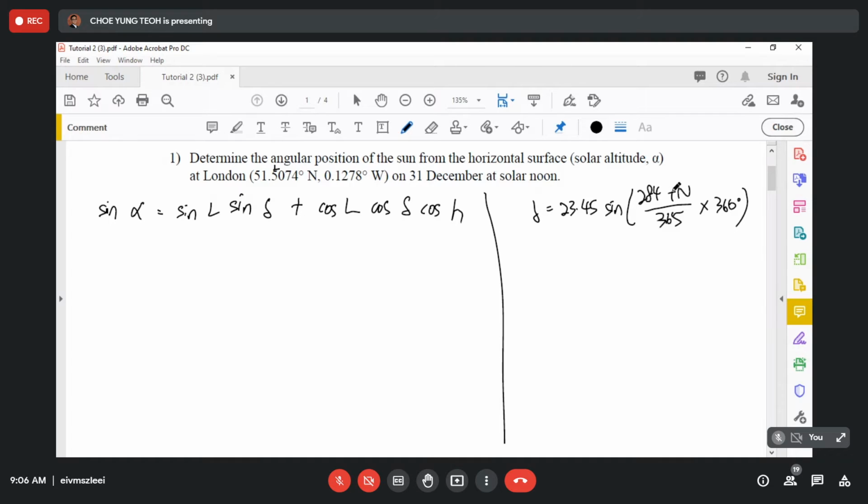N refers to the number of days. So 1st January is 1 and 31st of December is 365. So N is 365, and I should be able to get the delta if I substitute 365 into the equation.